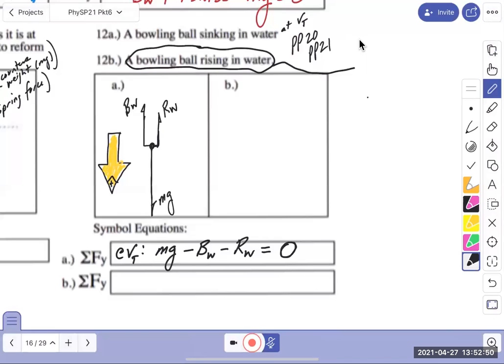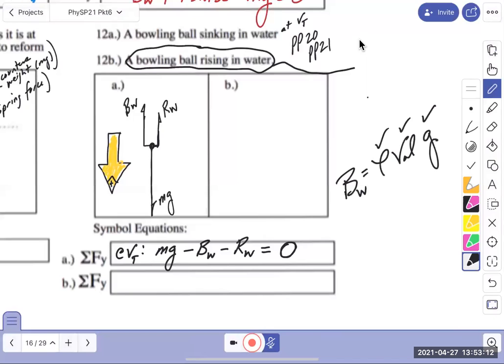The ball is rising and buoyancy is changing as we go. Remember, buoyancy of water or of air is rho, the submerged volume, which in this case is the whole thing since it's submerged, and g. Those 3 things. g is not really changing much.